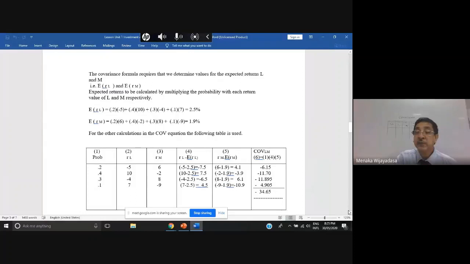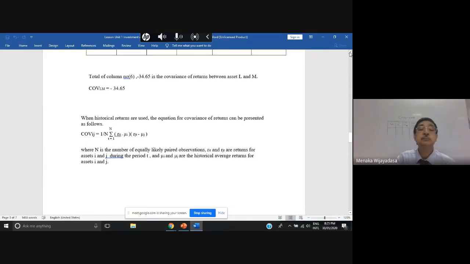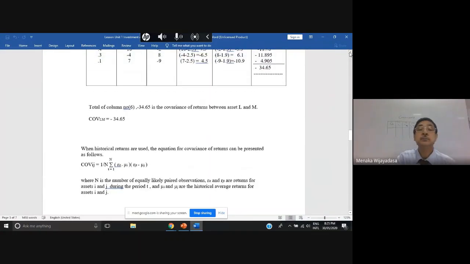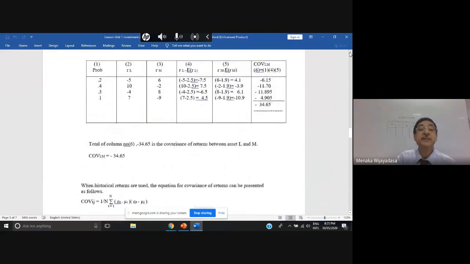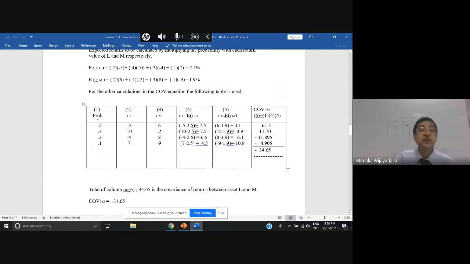Now you have to make a schedule of 6 columns. That 6-column schedule, you can see that. In the first column, you give the probabilities.